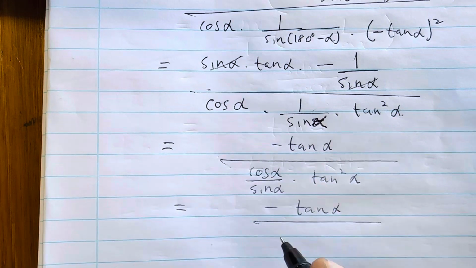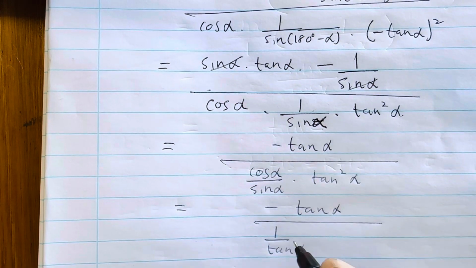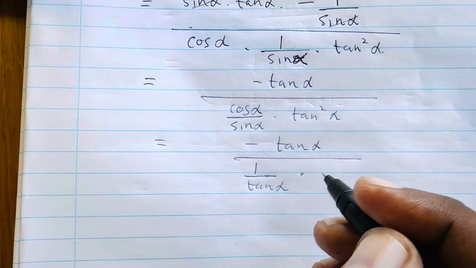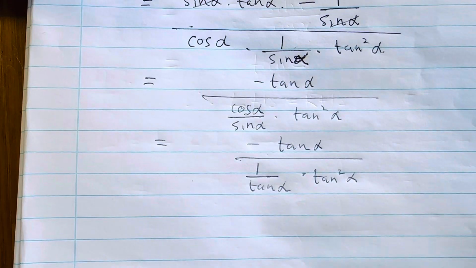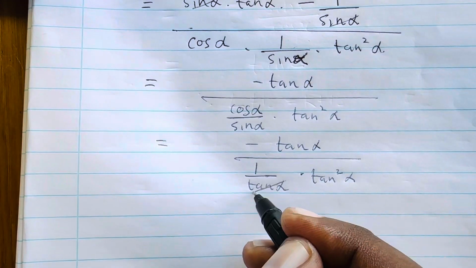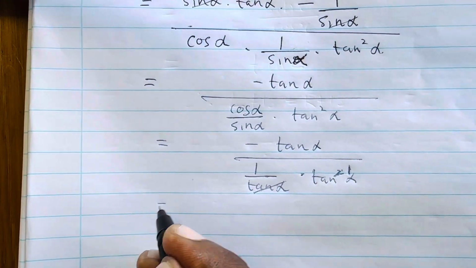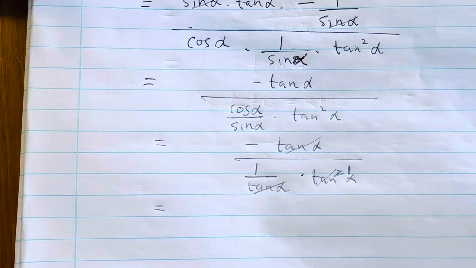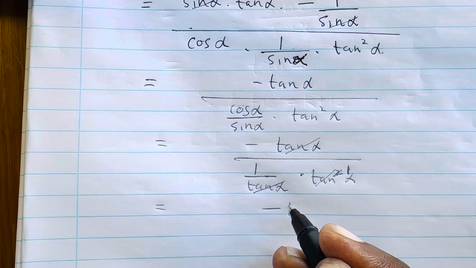This we still remember is 1 divided by tan of alpha, multiplied by tan squared alpha. You'll be left with 1 there. This one and this one will divide each other. Our answer will be negative 1.